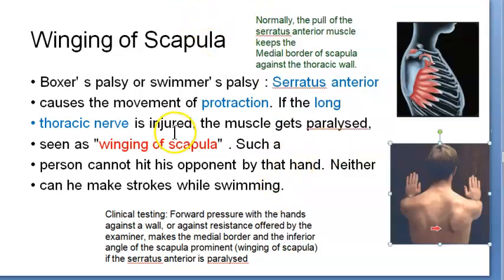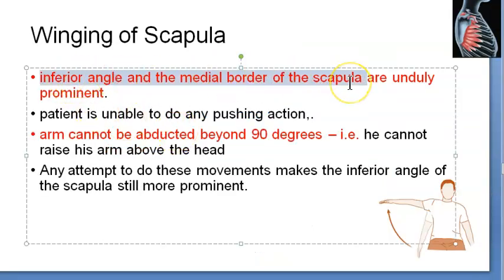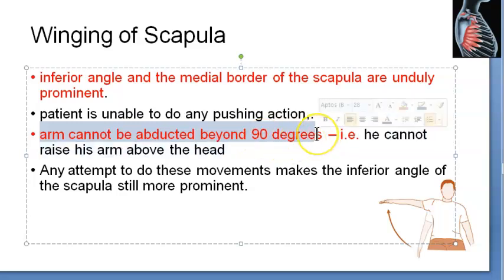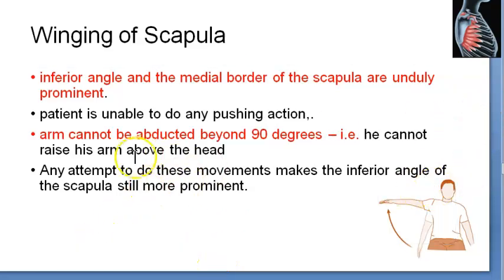So this is nothing but winging of scapula. The patient cannot push on that side. He cannot abduct the arm beyond 90 degrees, that is, he cannot take his hand above his head. So maximum he can go only so much, okay. And any movement you will ask him to do will make these two prominent, that is the medial border and the inferior angle.